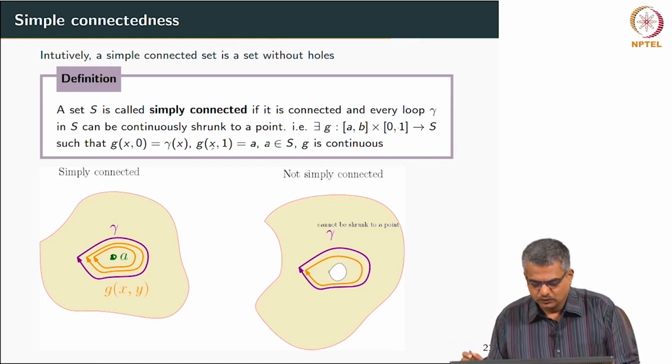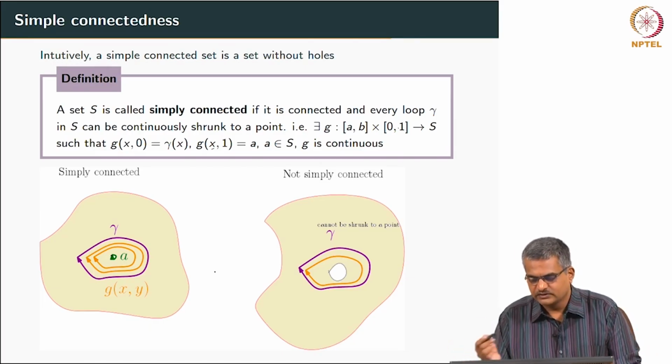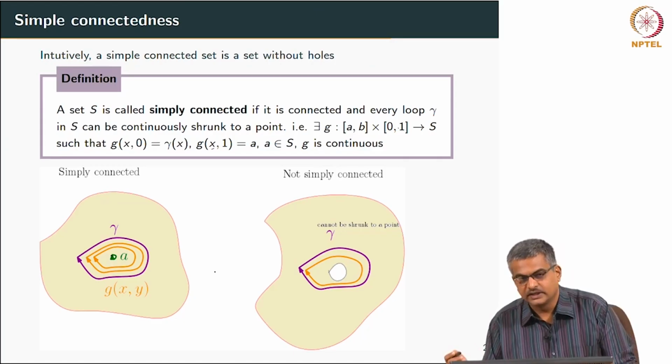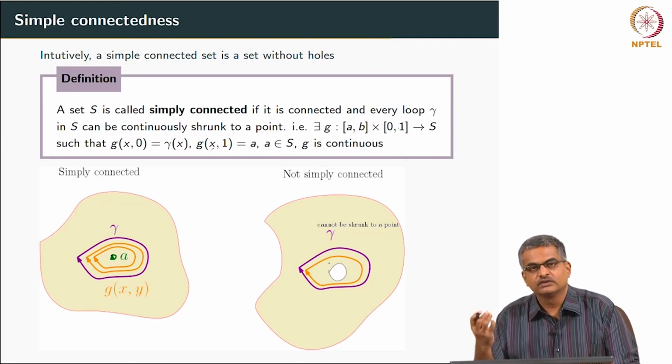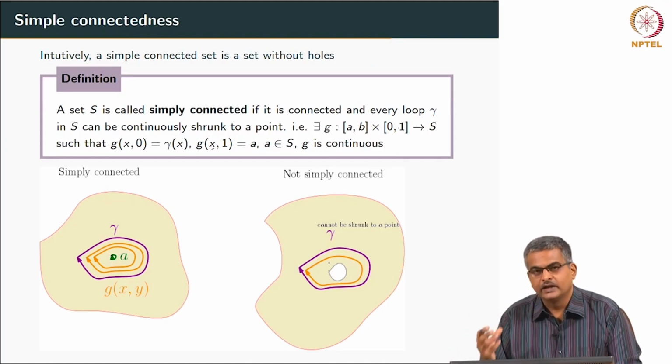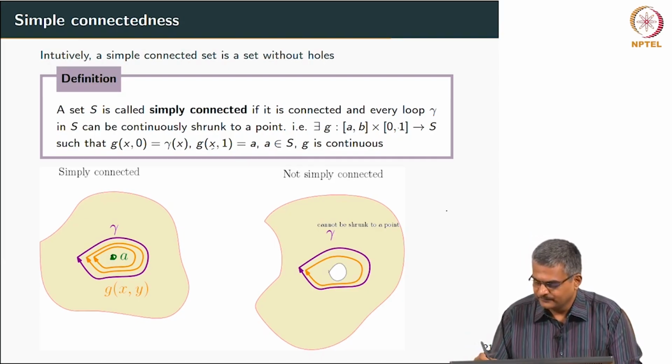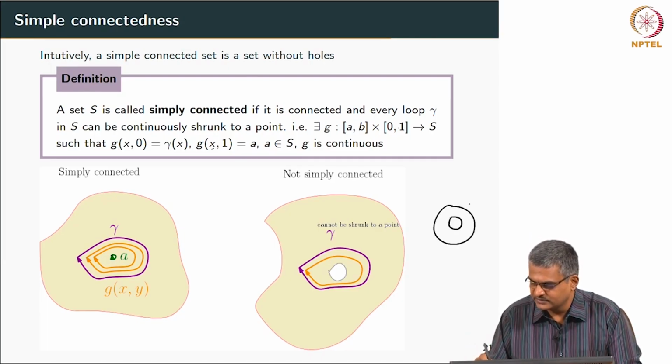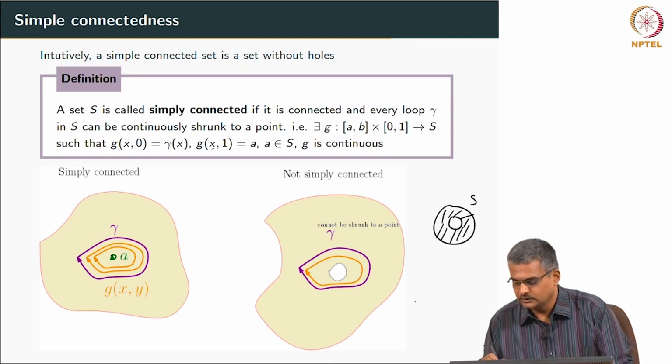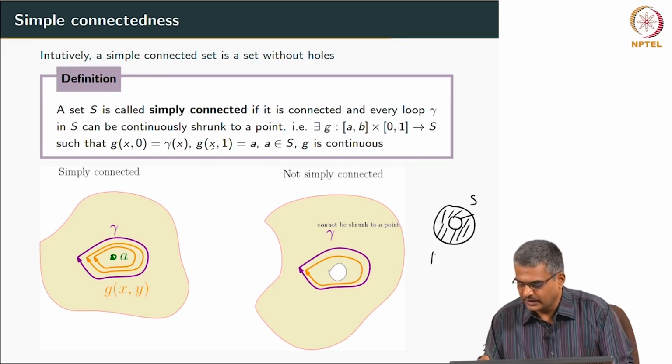It is easy to visualize now, with this definition, what is meant by a not simply connected set: a set with a hole, like the annular region. Something like this, where it contains all these shaded points but not the unshaded point. So, this is an annular region.